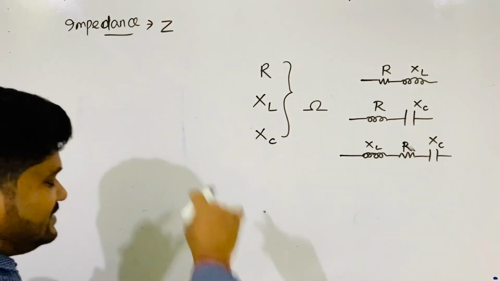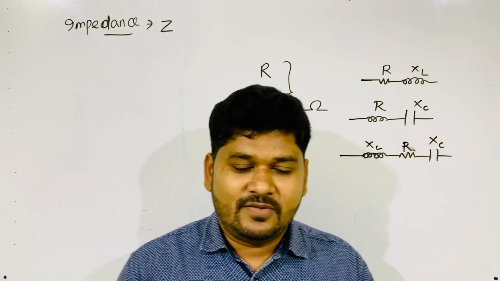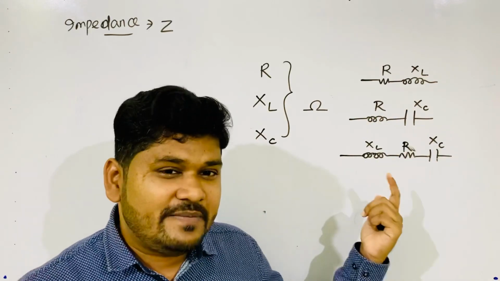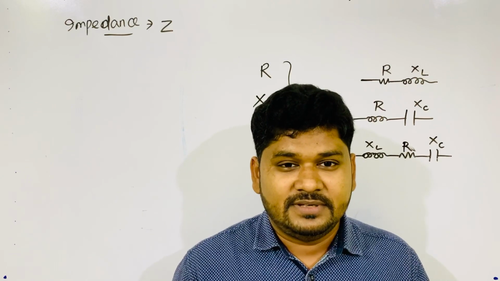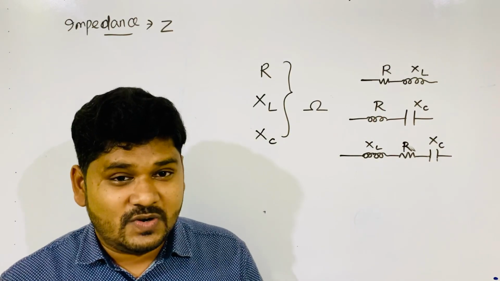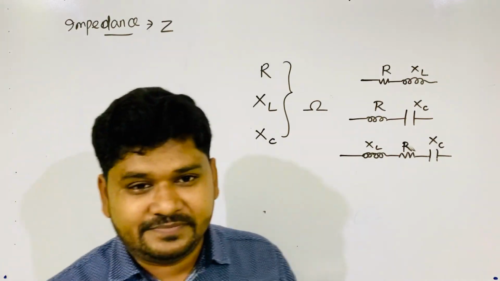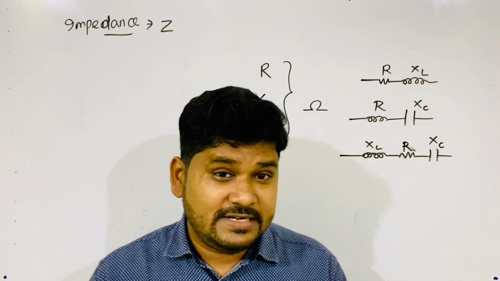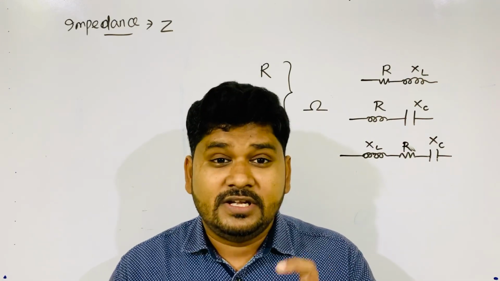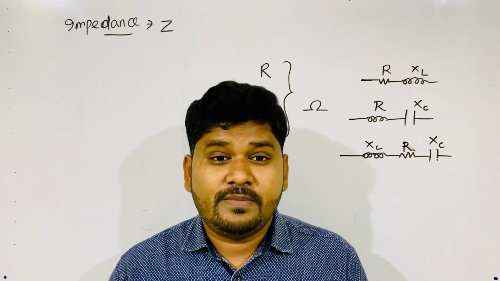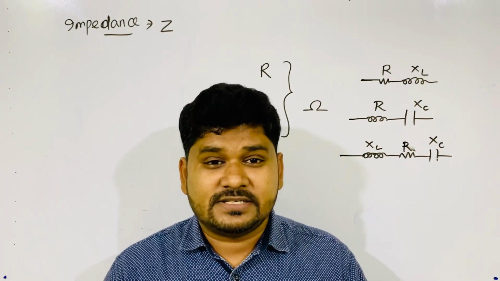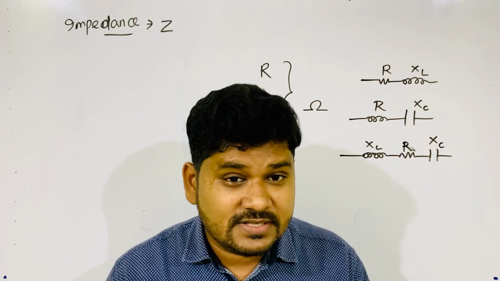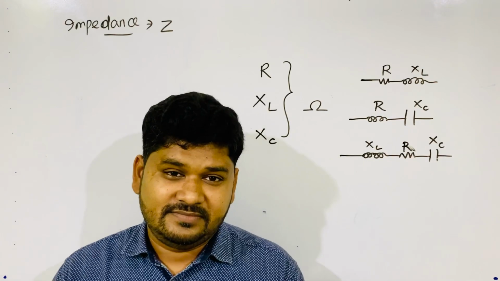The symbol is Z. What is impedance? Whether three, two, or even just one element, the net opposition in an AC circuit is called impedance.